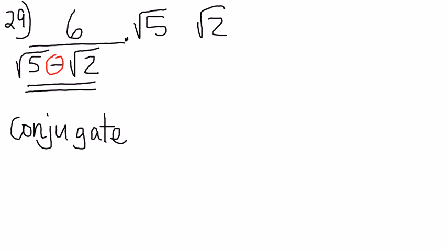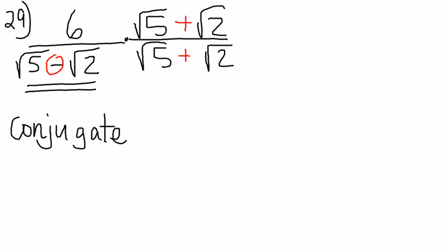So this minus now is going to become a plus, and I'm going to be multiplying the top and the bottom by that root 5 plus root 2 to balance the fraction. What you do to the top, you must do to the bottom. So a conjugate is taking basically the same thing and just switching the sign that's in between those two radicals.